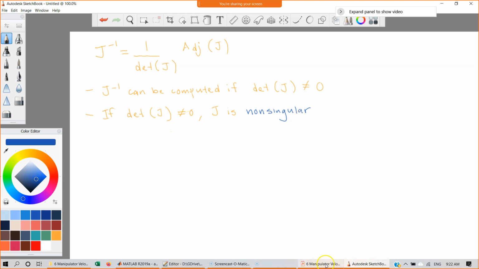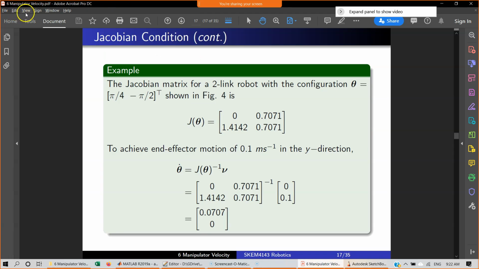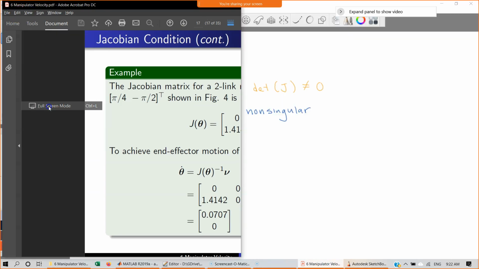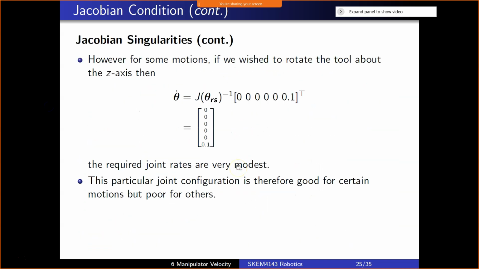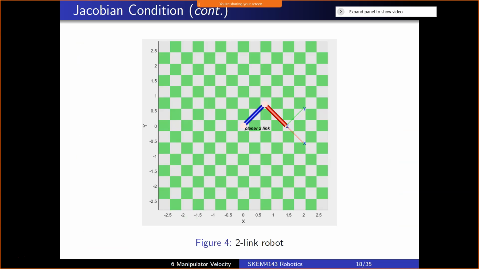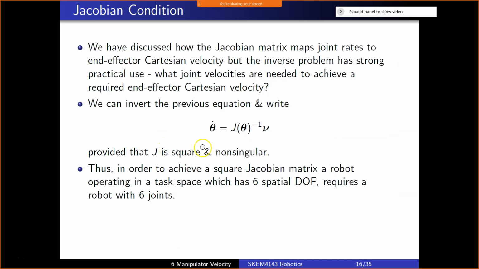All right, let's get back to the notes. Okay, so we are here. We can compute J inverse if it's a square matrix and the determinant of J is non-zero, or in other words, J is a non-singular matrix.